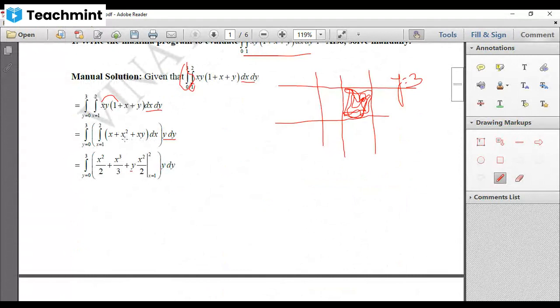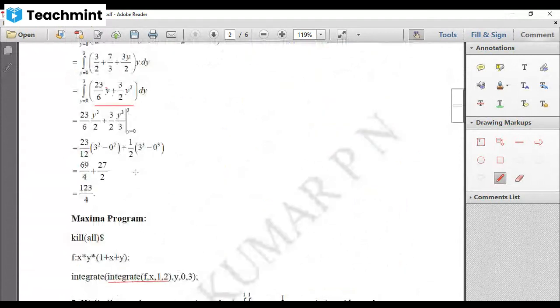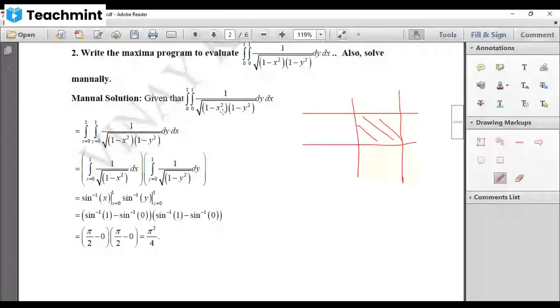They are mixed together, you cannot separate them. But here we can separate the terms of x and y. They can be explicitly written as function of x and y. Therefore, instead of first integrating with respect to y, then integrating that answer with respect to x, straight away you can integrate with respect to x. You can write this one as a separate integral for x and a separate integral for y, as two separate integrals, right?